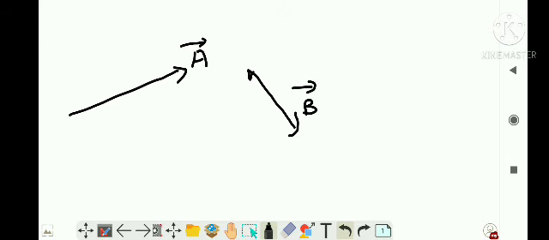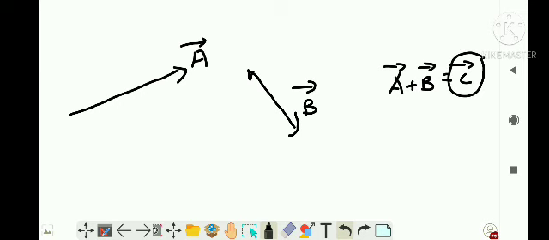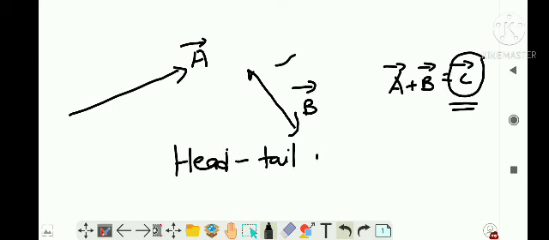And I am asked what A plus B equals C, this C vector's direction. I'm given A vector's direction, I'm given B vector's direction, and I'm asked what will be the C vector's direction. So the triangular method is also called the head to tail method. Why it is called that, I will tell you now.